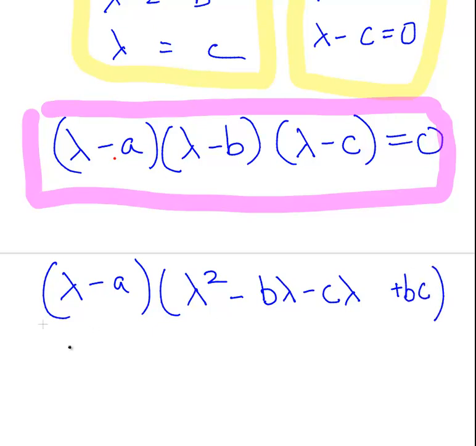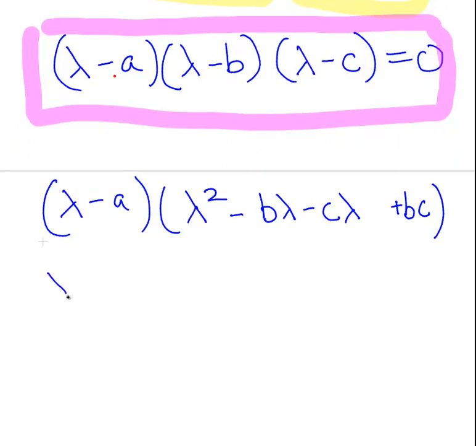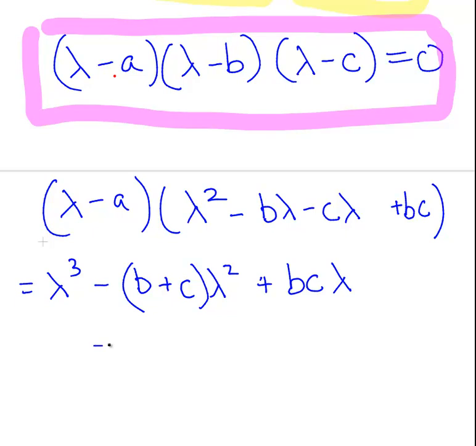When I calculate that out a little bit more, what I would get is as follows: lambda cubed minus (B plus C) lambda squared, plus BC times lambda, and likewise minus A times lambda squared.